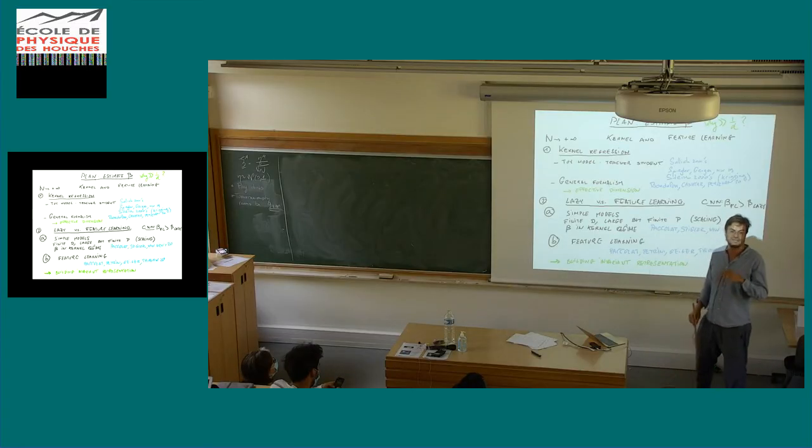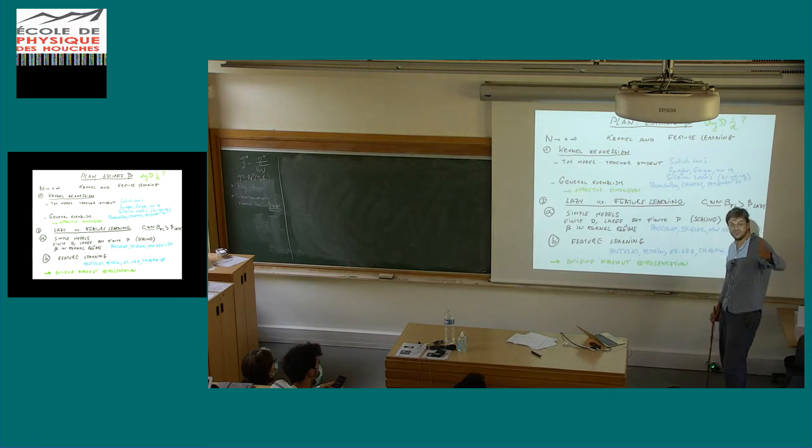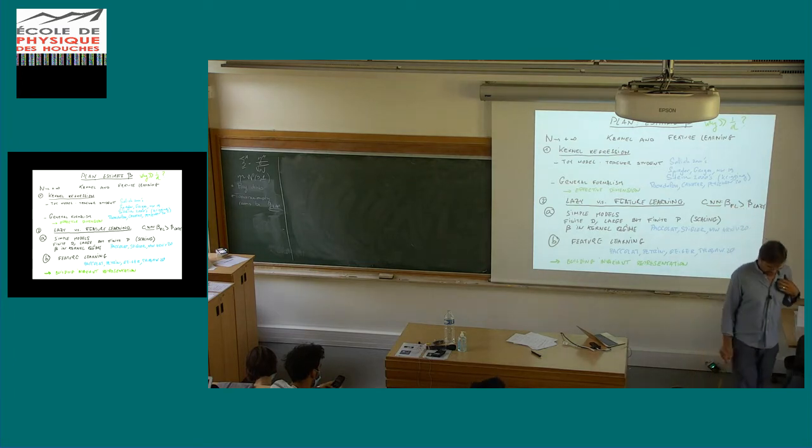Okay, so this talk is, yes? Okay, so I will show you examples. Part of this talk is, for example, in the feature learning regime. I told you about two different regimes, this lazy training regime and this feature learning regime, and I will show you data there.